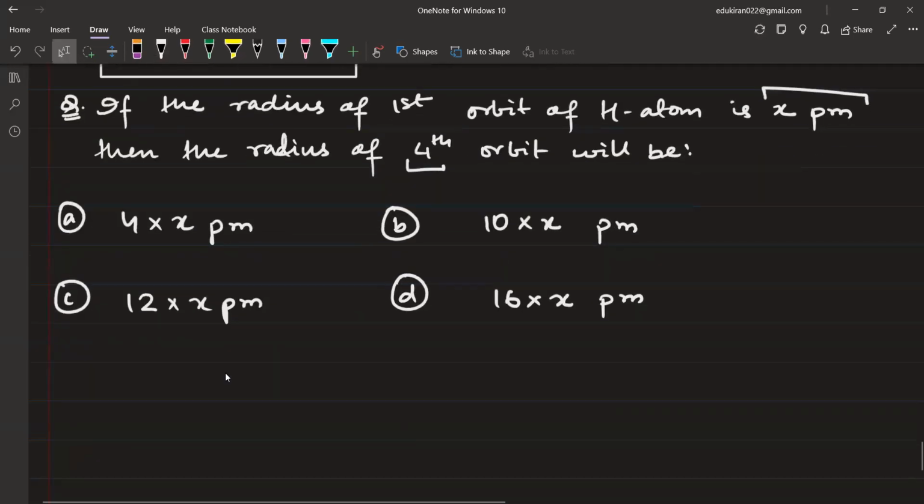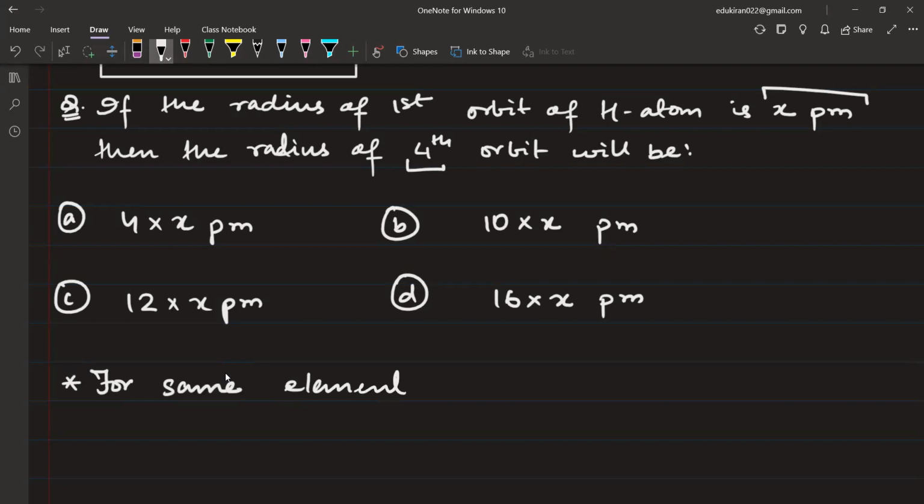तो यहाँ पे देखिए, for same atom, for same element is better. For same element, what we can write? The radius is directly proportional to n squared, है ना.